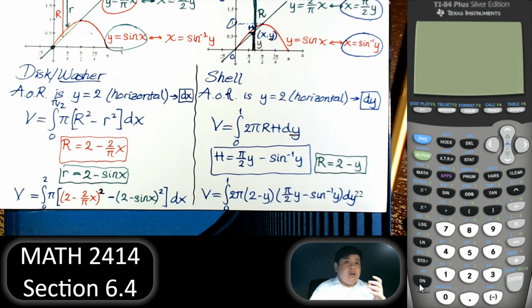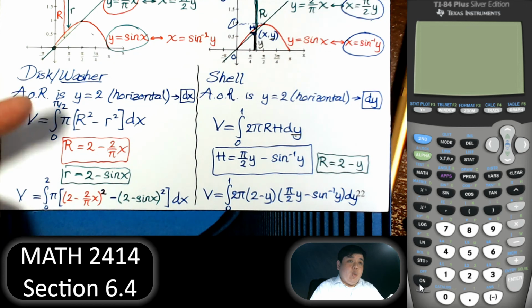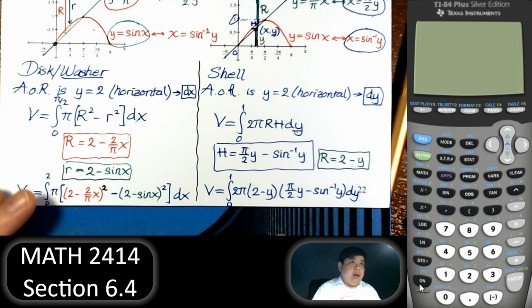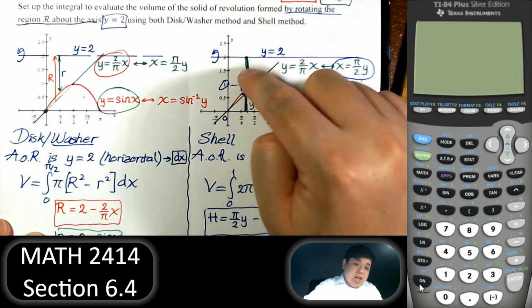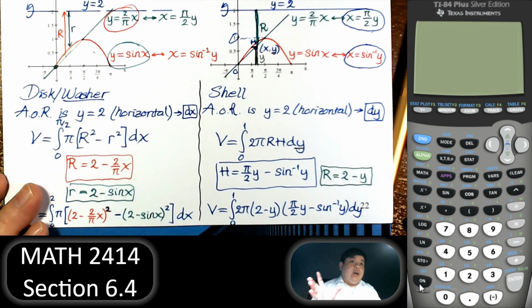Usually the big R, the radius, is from the axis of rotation out. For the disk and washer, we have the inner radius and outer radius, the big radius and the little radius. For a shell, we only have one, from the axis of rotation to the point. That point, though, is either the x coordinate or y coordinate.